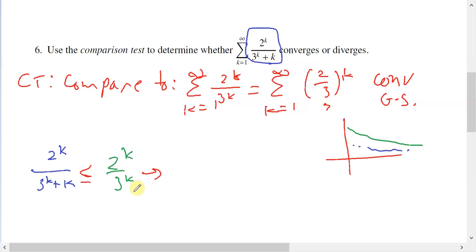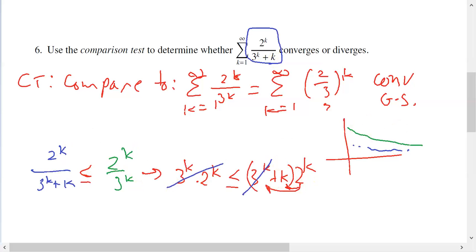And so our standard trick here is to cross multiply. This would need to be true. Well, so we get that representation. We can see if I distribute 2 to the k to both these places, I'm going to have these things canceling out. There's going to be a 2 to the k, 3 to the k, and 2 to the k, 3 to the k.